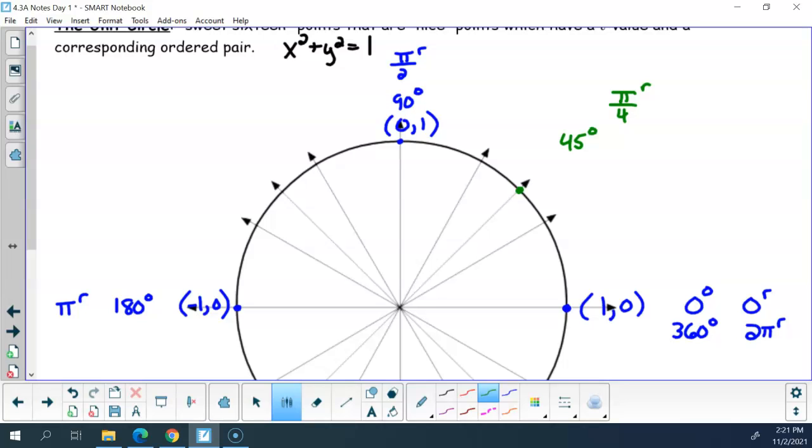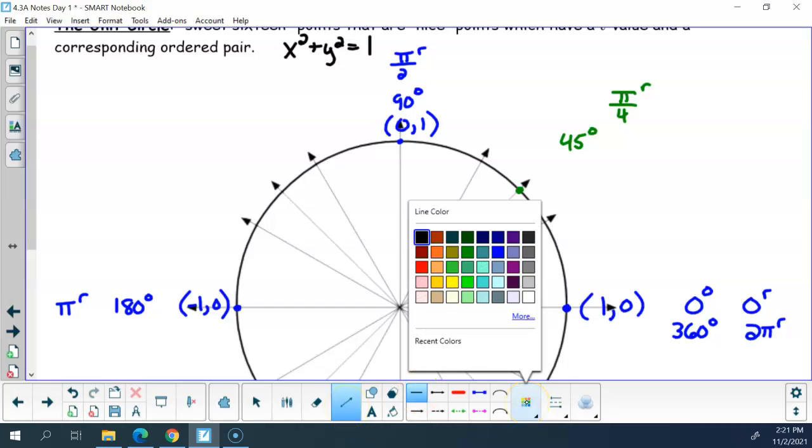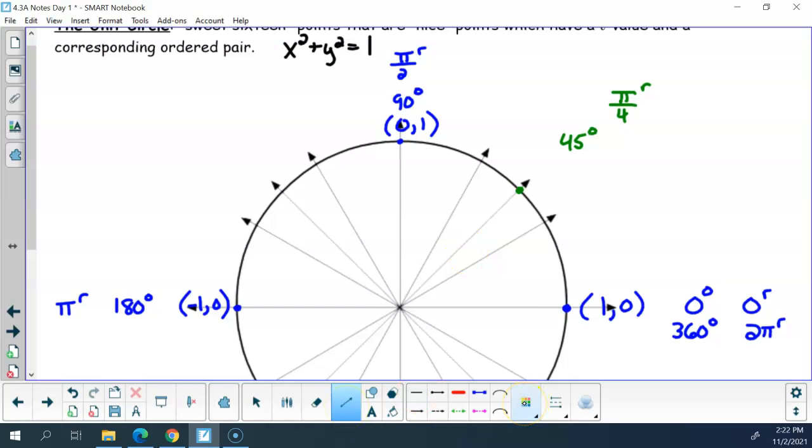Okay? So let's do a little geometry here. If I take and I make a triangle out of that, what kind of a triangle did I just make?